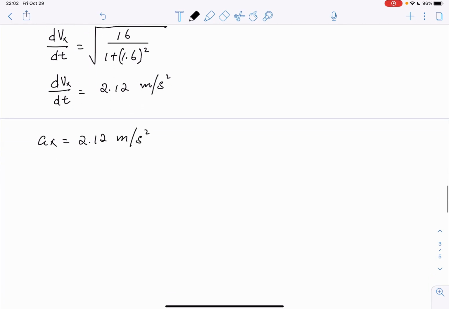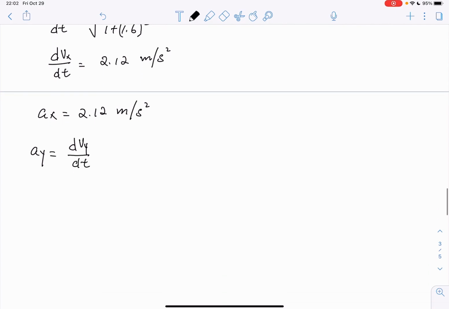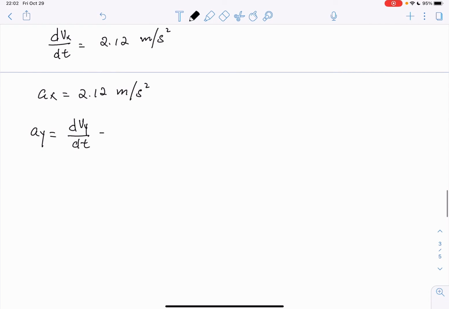Now it's very easy to compute ay because we know that ay equals dvy over dt, and dvy over dt is 1.6 ax, so ay equals 1.6 times 2.12. So we have ay equal to 3.39 meter per second square.